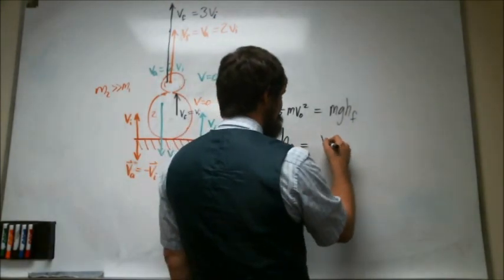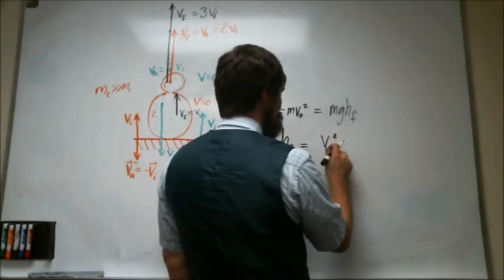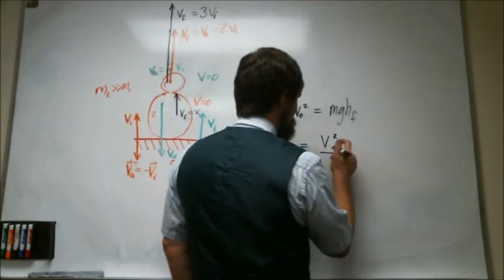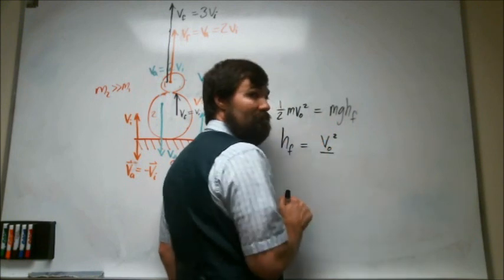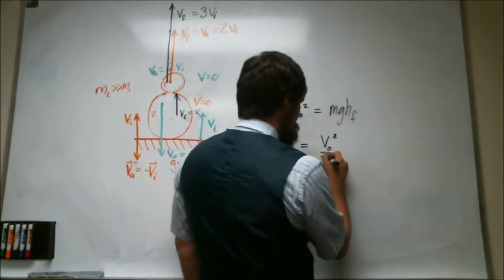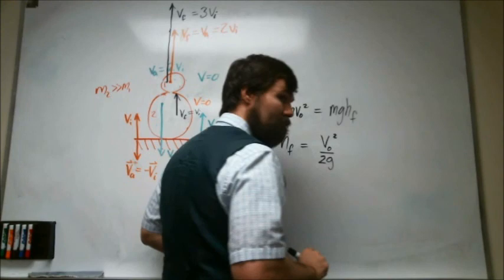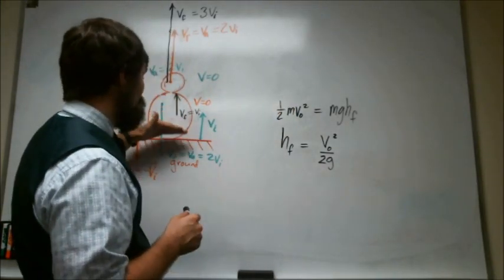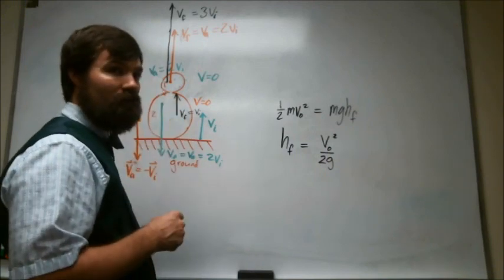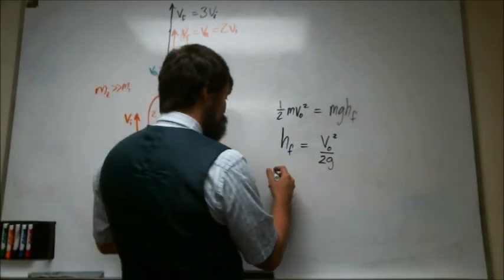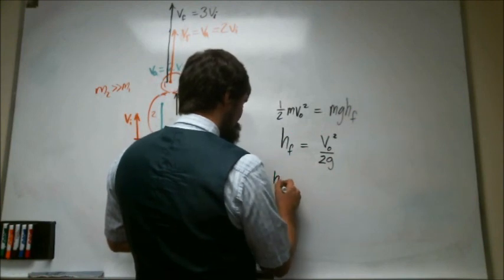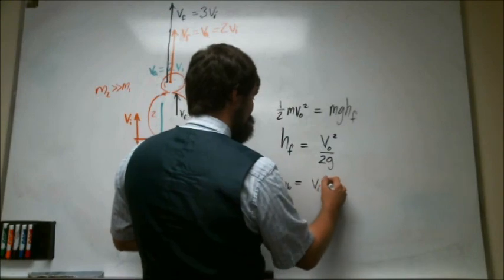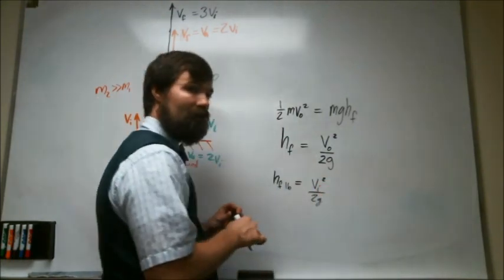So that's going to look like v after bouncing, which in here we labeled v final, but here is going to now be v initial, squared divided by 2g. And in the case where we just had a single ball and it hit the ground, it deflected upward with vi. So h final for one ball is going to look like vi squared over 2g.